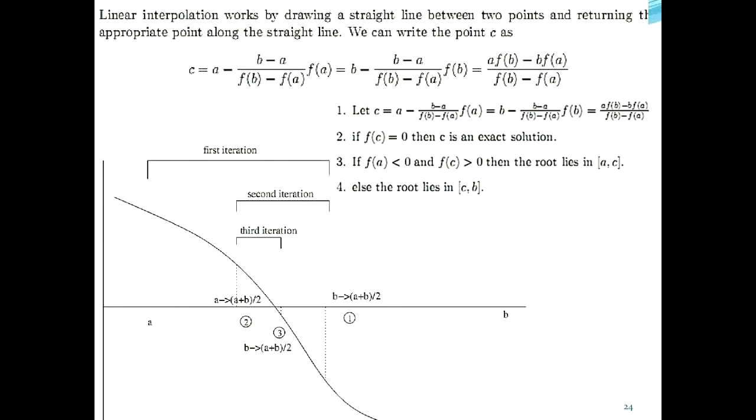So C replaces either A or B depending upon the function's opposite signs condition at each and every iteration. If C makes the opposite sign condition, then it becomes the sub-interval. So now C replaces either A or B, and then you check the opposite sign condition, and then you apply the Regula Falsi formula again and again to find the next root.